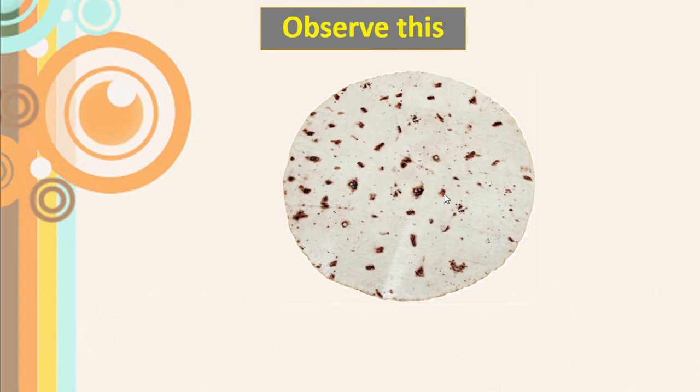Now you have to observe this carefully. See here, one full roti is there. One whole roti is there. Okay. And mother has 2 children. One boy and one girl. And only one roti left. Then what will she do?